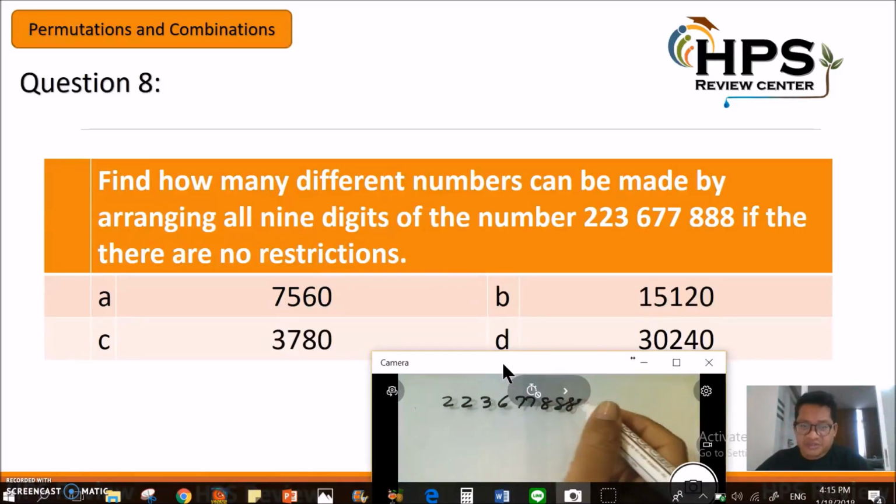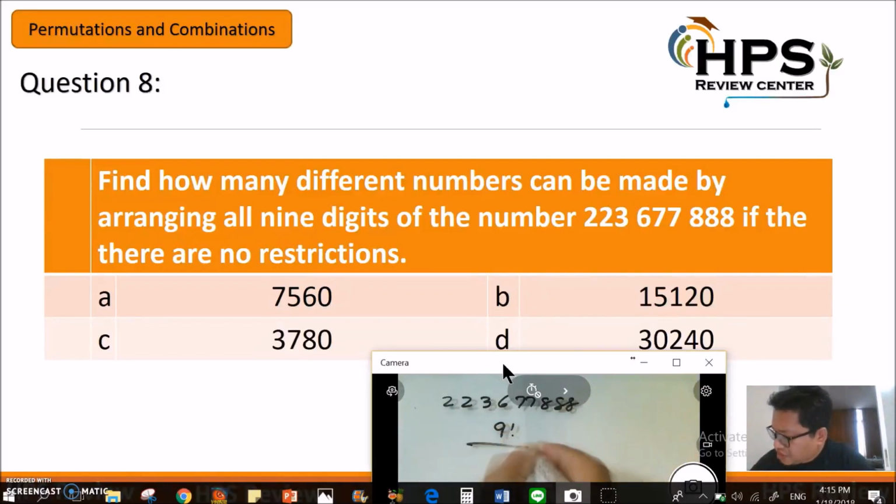So there are 9 digits, it means it's a very simple one. It's 9 factorial, and since there are 2 identical 2s, that is 2 factorial, there are 2 identical 7s, that's 2 factorial, and there are 3 identical 8s, that is 3 factorial.